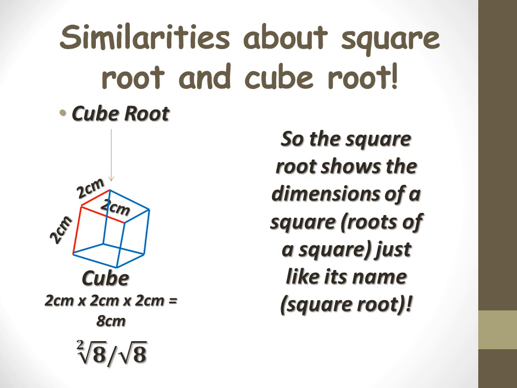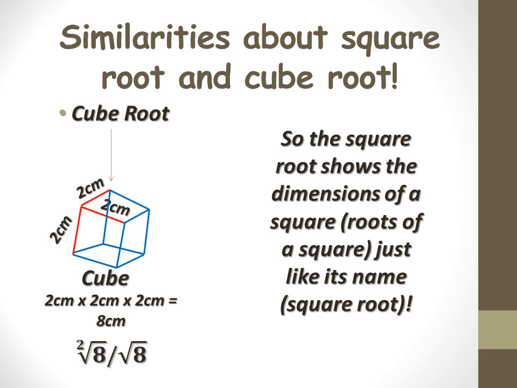The cube root needs to have a 3 above it, and the square root needs to have a 2 above it. Okay, the 3 above the root indicates it's a cube root, indicates how many spaces are made, and indicates it's a third dimensional shape. 3D, 2D, square root 2D, cube root 3D.